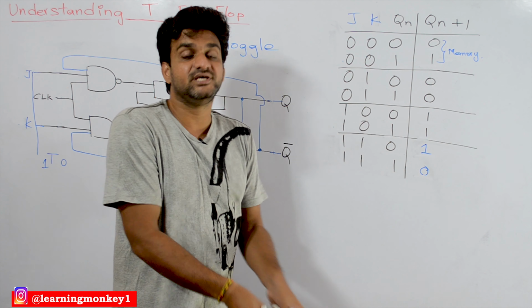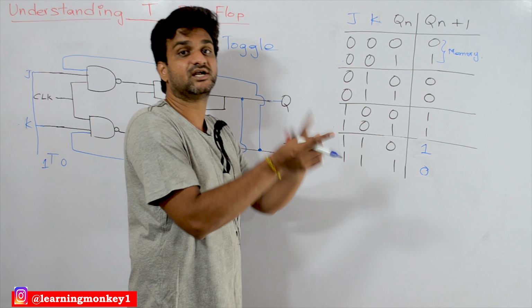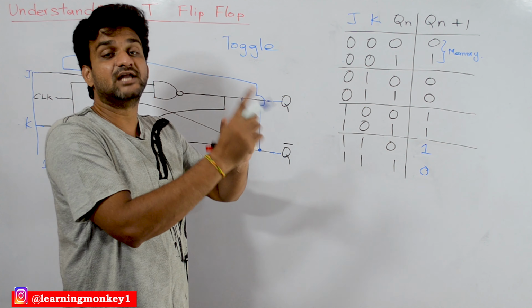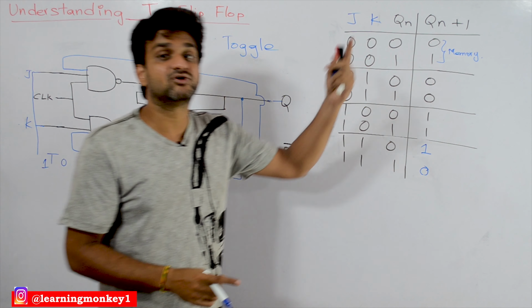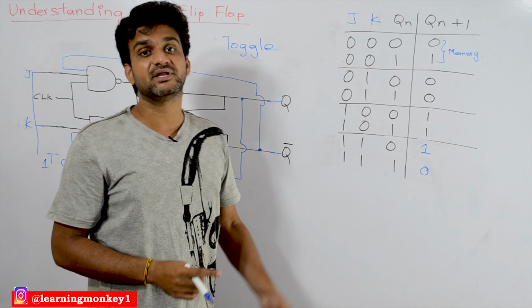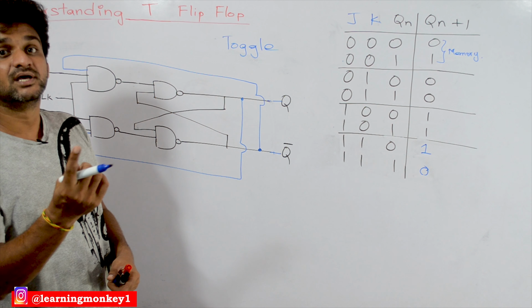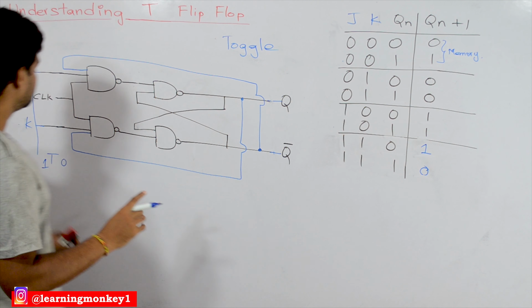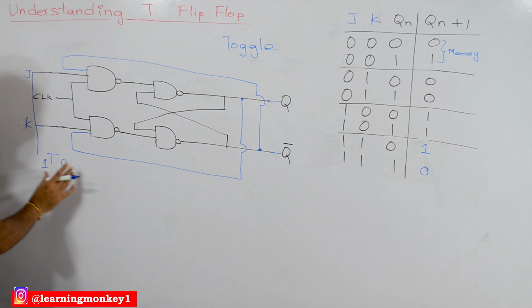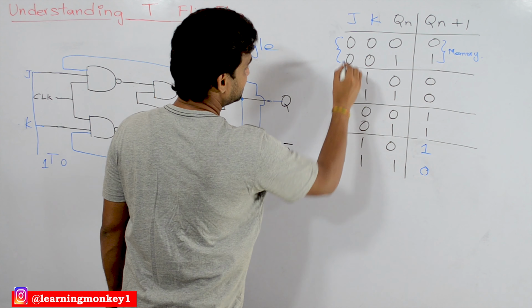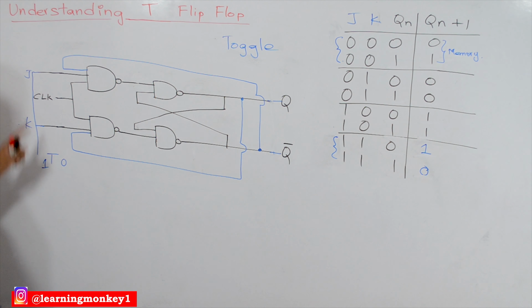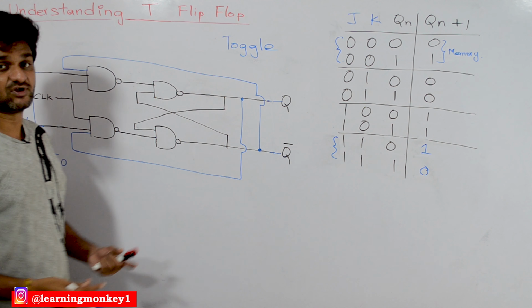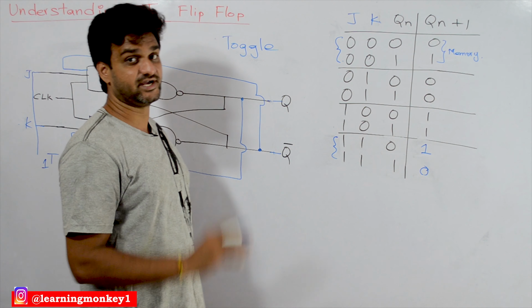With J and K equal to 1, the value already there in the memory will be toggled, that is, complemented. So with that, we are going to use only these parts of the JK flip-flop and create another flip-flop called the toggle flip-flop, where the toggle effect can be created.